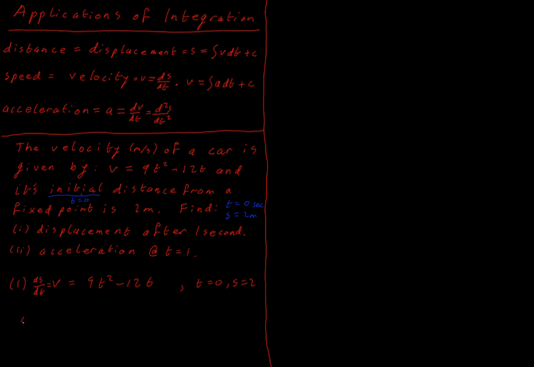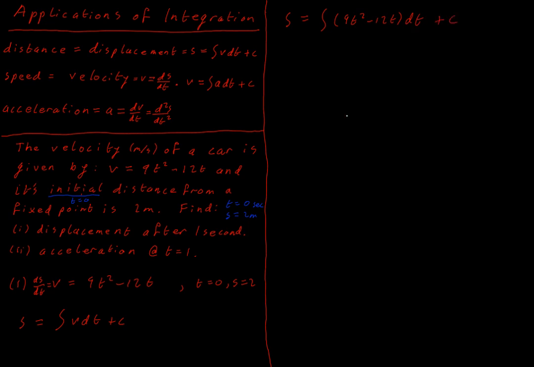So if I want to find s, that's going to be the integral of v dt plus some constant. So that's what I'm going to use now. The displacement is going to be the integral of my velocity with respect to time plus some constant that I'm going to use my extra information to find in this case.